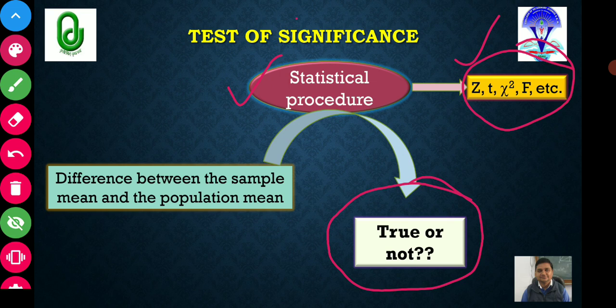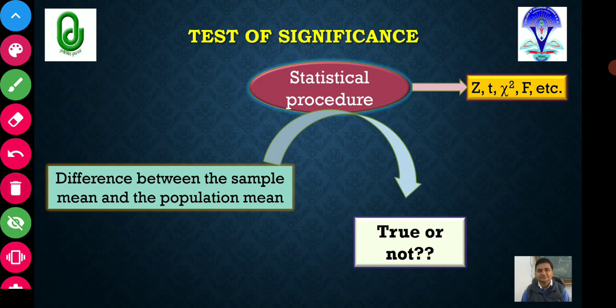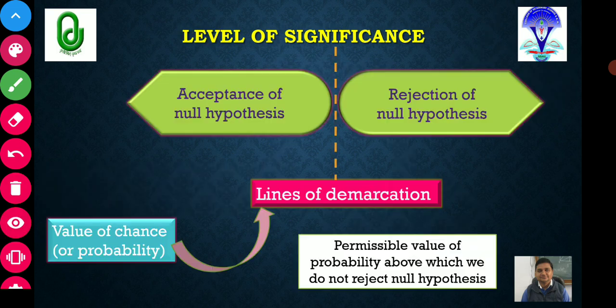For that we have to do a certain statistical procedure, and after this procedure we get a certain value, and then we have to interpret this value, and for that interpretation we need the level of significance. So the next one is, what is level of significance?